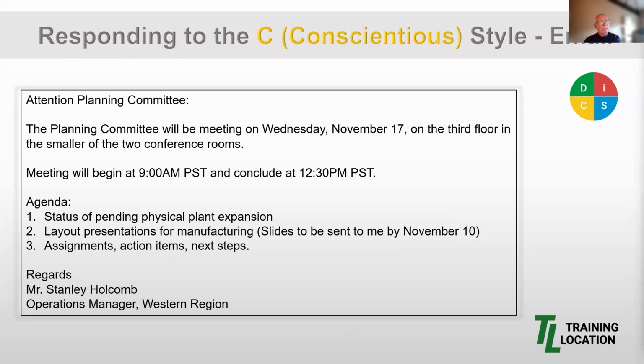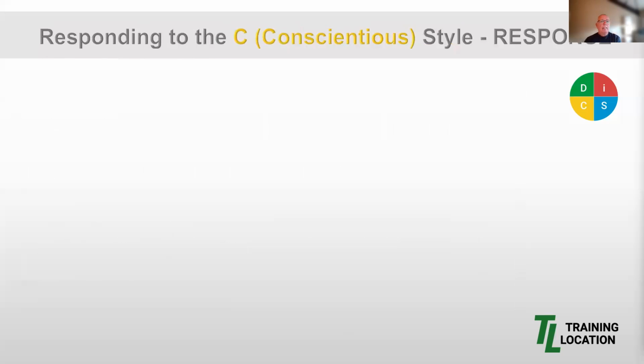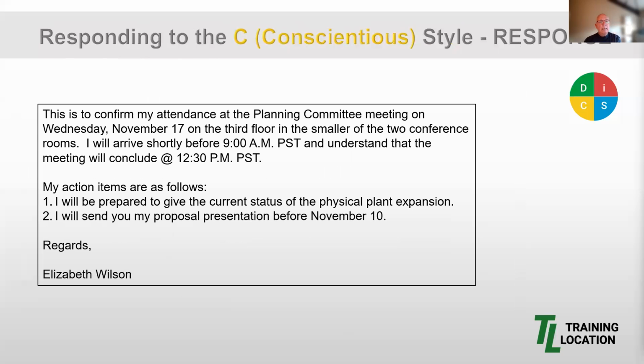Now, how do we respond to the C email? Simply put, be brief, confirming, fact-based, and accurate. Follow as I read this response. This is to confirm my attendance at the Planning Committee meeting on Wednesday, November 17, on the third floor in the smaller of the two conference rooms.